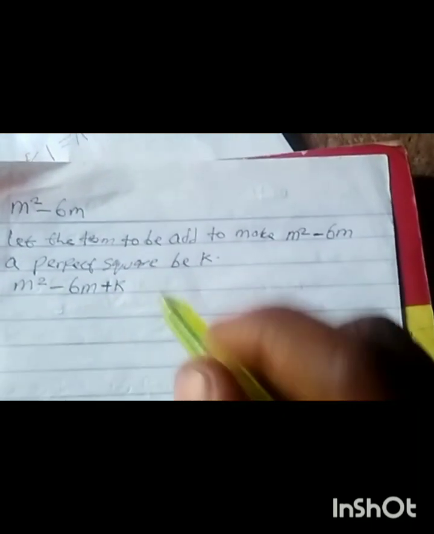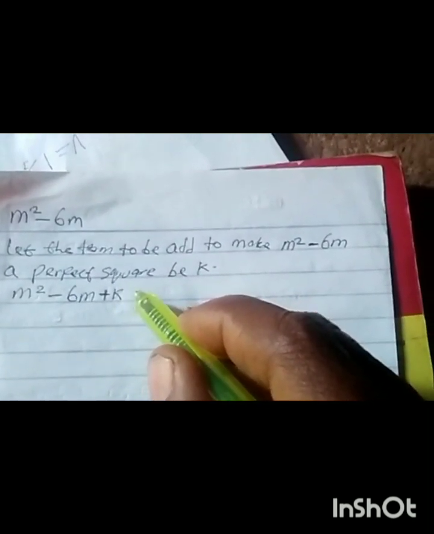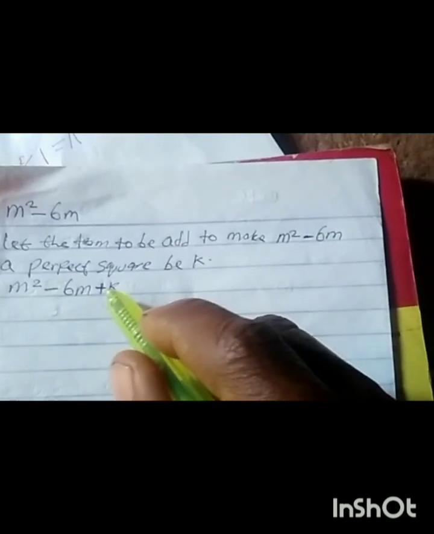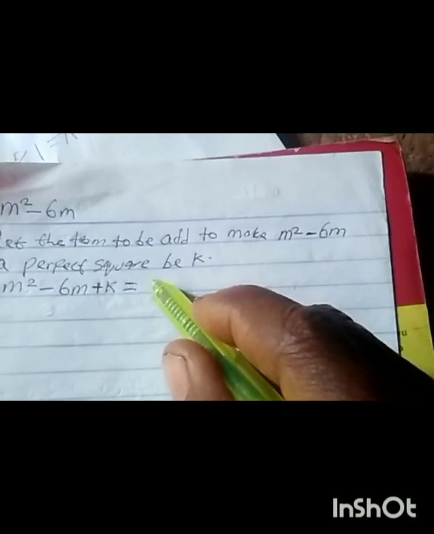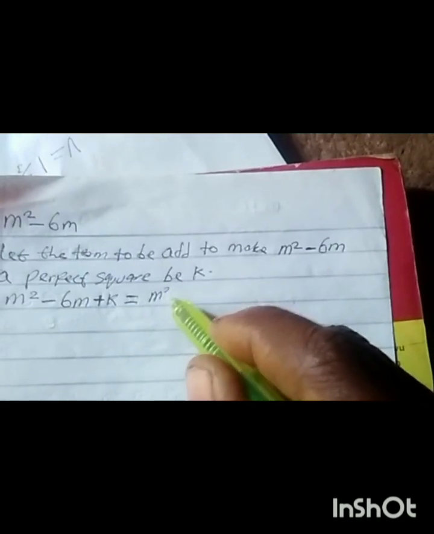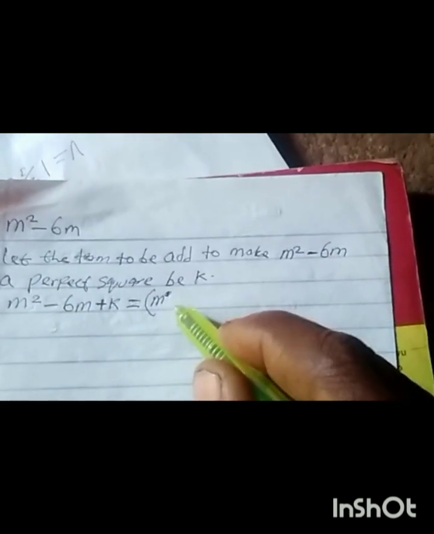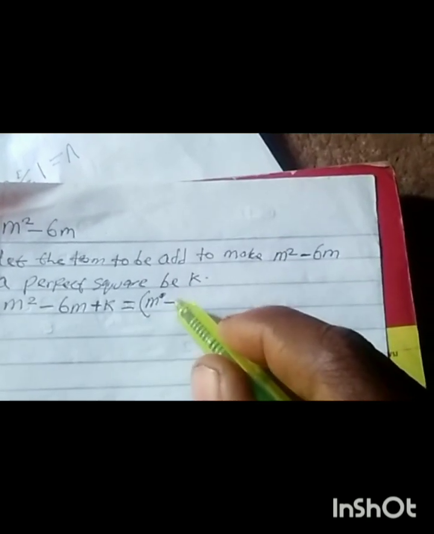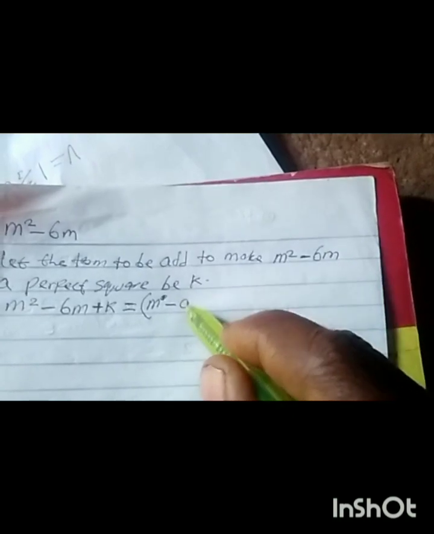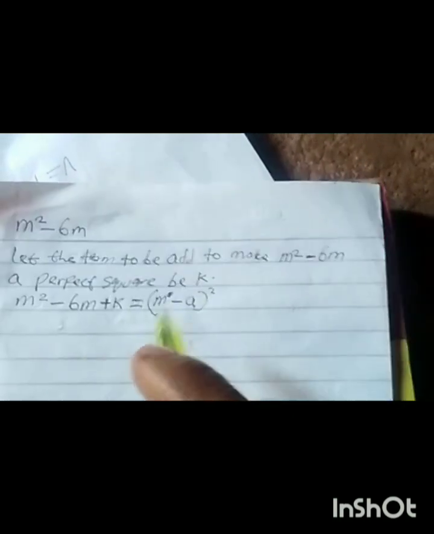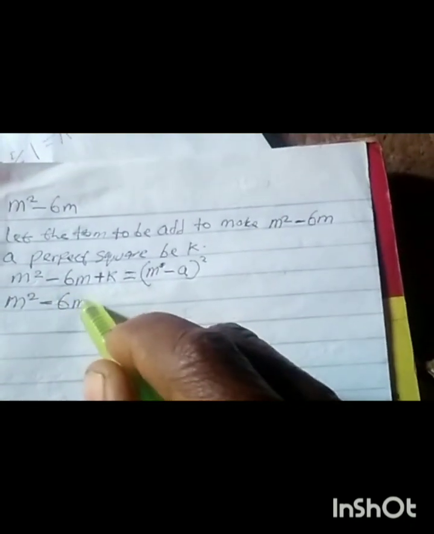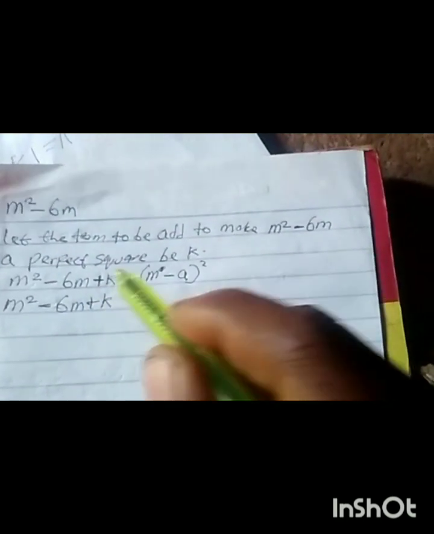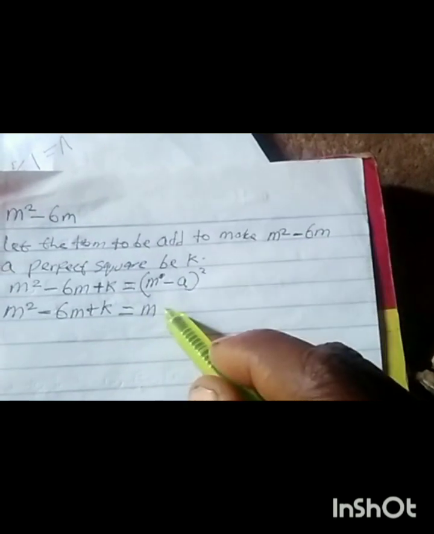Assuming this is a perfect square, then we can use an identity for perfect square, that is m squared minus 6m plus k is equal to m minus a, squared. So what I'm saying is that we are using the identity for a perfect square expression.